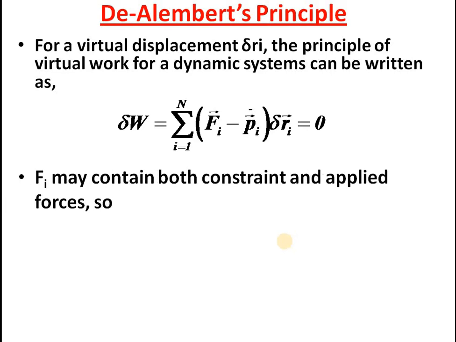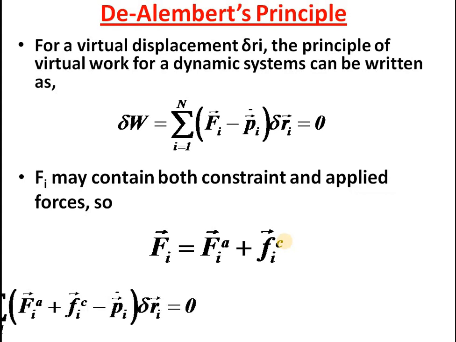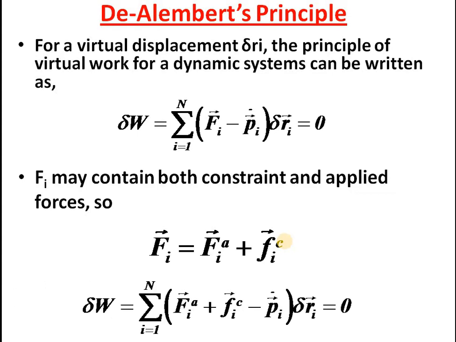Okay, if you project into the virtual displacement form, Fi may contain both applied forces and constraint forces, as I told you earlier. That means the force acting on the ith particle can be written as Fia plus Fic, where Fia is the applied force and Fic is the constraint force that may involve many forces, both frictional and other constraint forces.